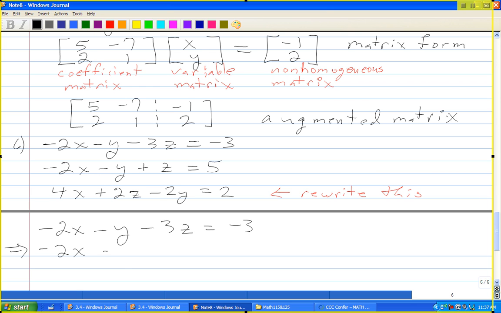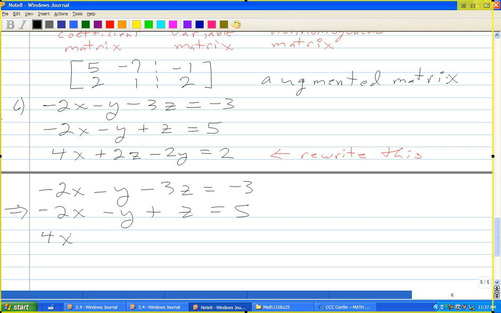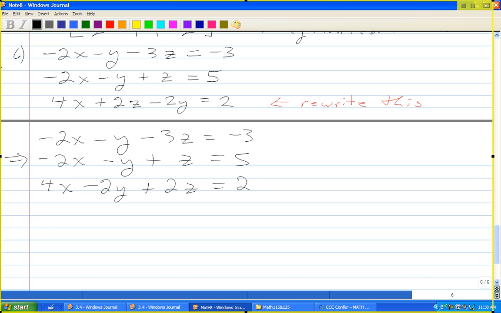Negative 2x minus y plus z equals 5. And 4x. Again, write the y first, so minus 2y, plus 2z equals 2. And so now, let's write this as an augmented matrix. And so, negative 2, negative 2. Oh, I can write this wrong.